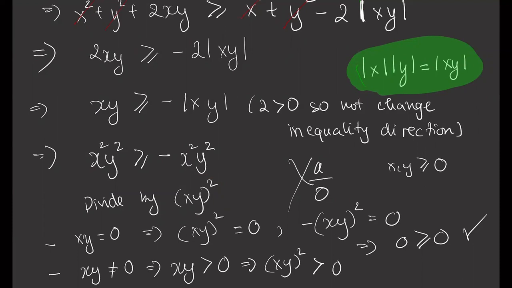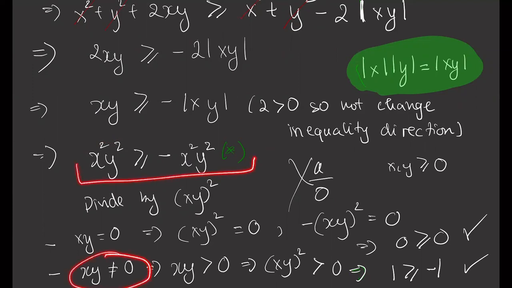Then you can divide both sides of this inequality by xy squared, and it gives you 1 greater than or equal to -1. And this one is also correct. So in the case xy is different from 0, this inequality holds true. In the case xy equals 0, this one is also true. Does this make sense?